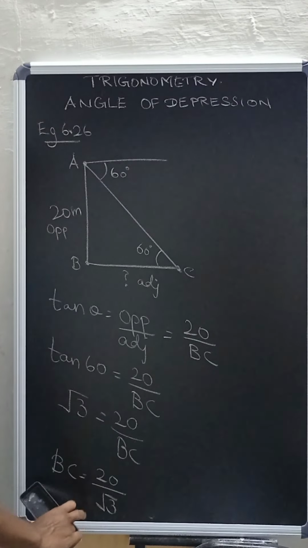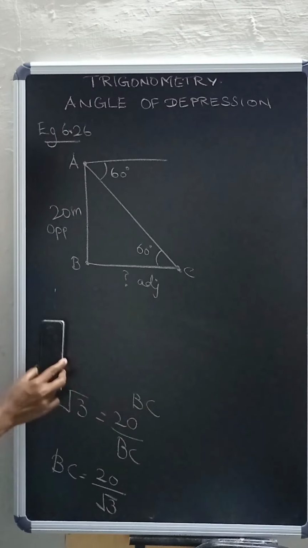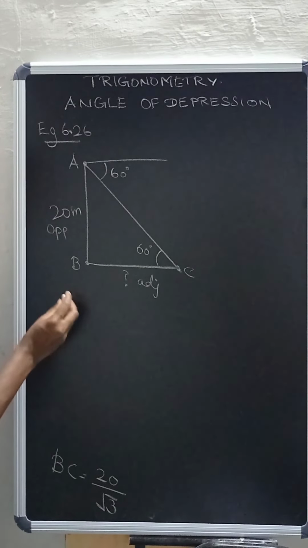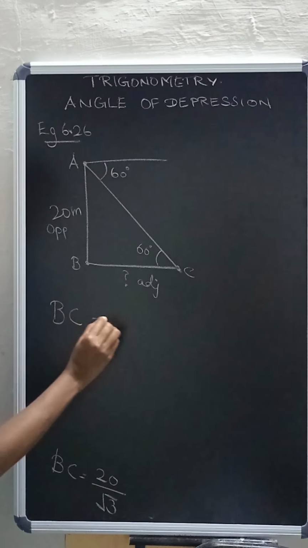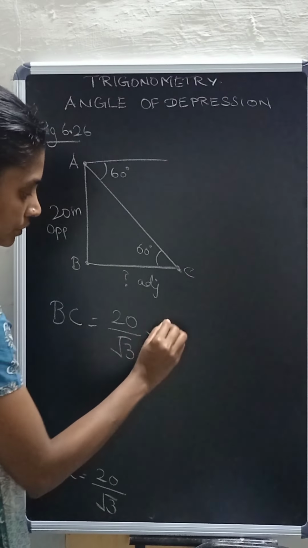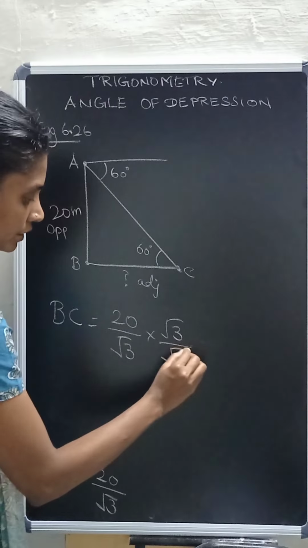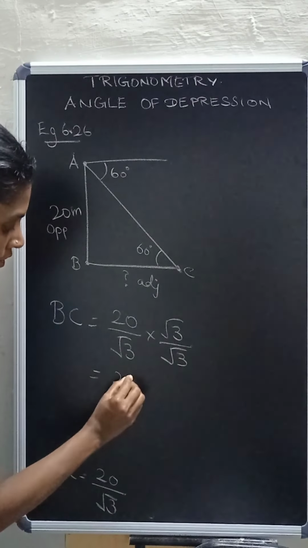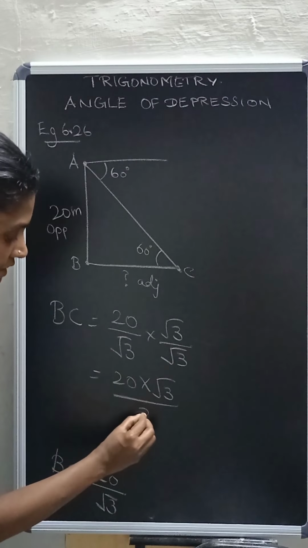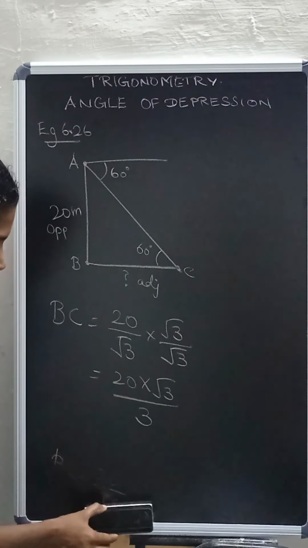Since we have root 3 at the bottom, we should multiply and divide by the conjugate. So BC is equal to 20 divided by root 3 into root 3 by root 3, which becomes 20 into root 3 divided by root 3 into root 3, which is 3.